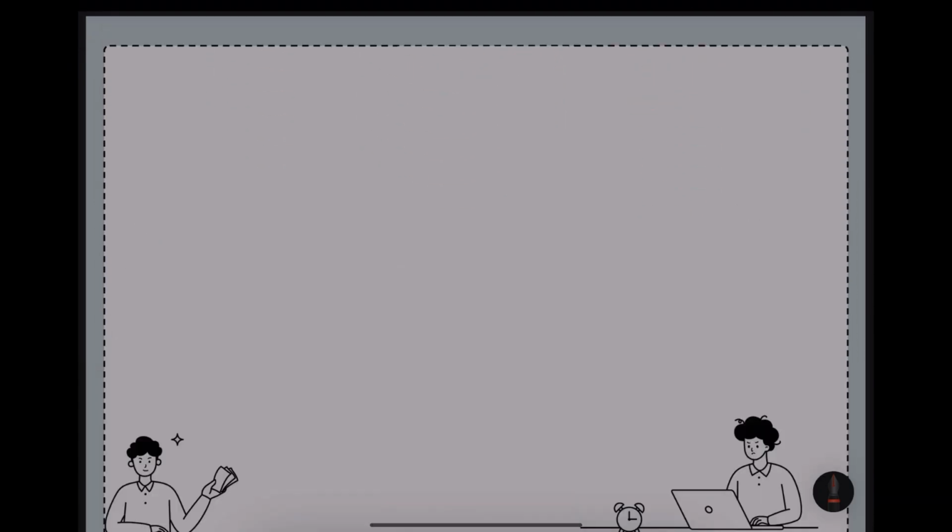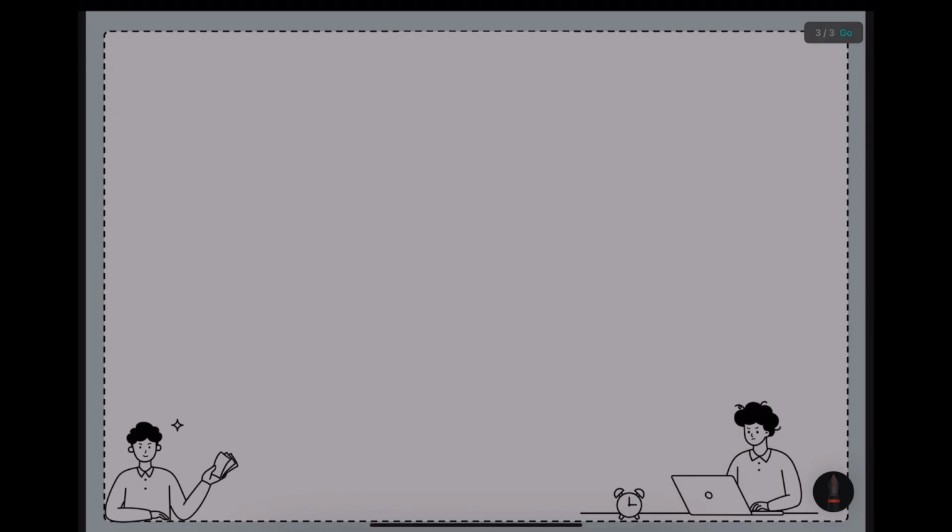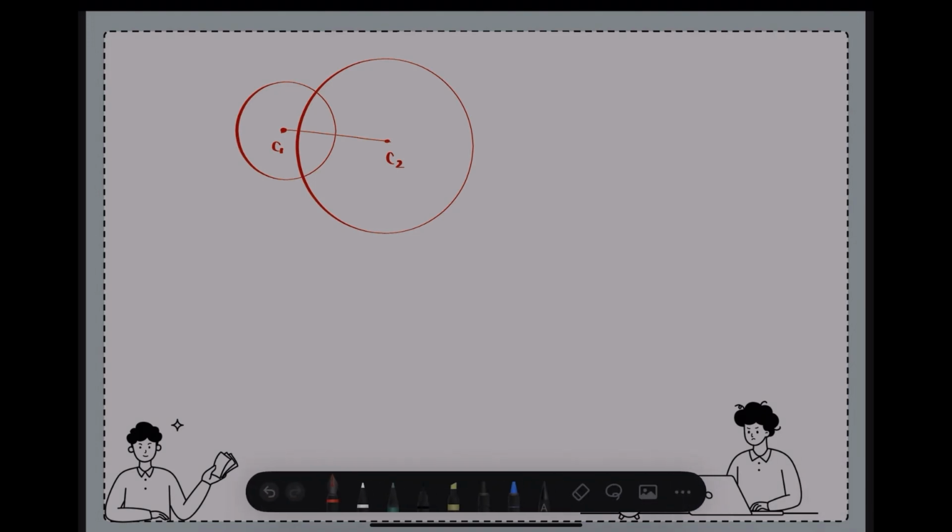Okay. Now I'll go with the other case, where this time the circles will intersect each other. Now look at this. This is the center of a circle. This is the center of the second circle, C1, C2. Now please be super slow and try to compare.